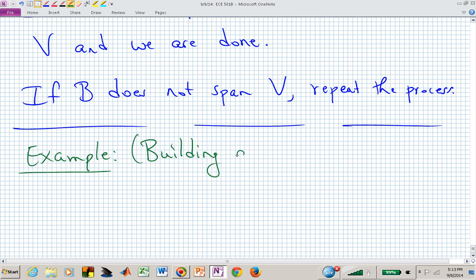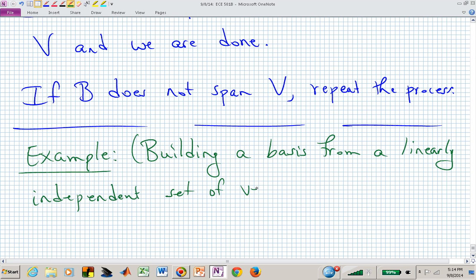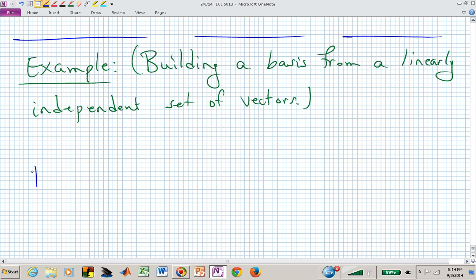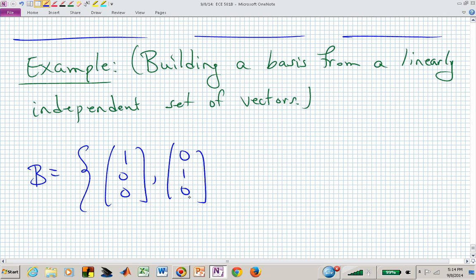We're building a basis from a linearly independent set of vectors. Suppose that the original set of vectors B is given by (1, 0, 0) and (0, 1, 0). And suppose our vector space is R3.